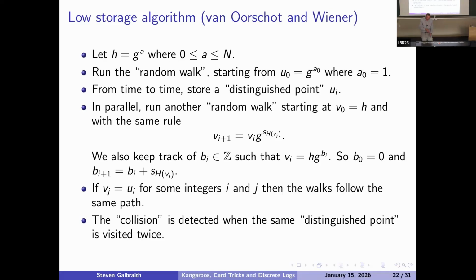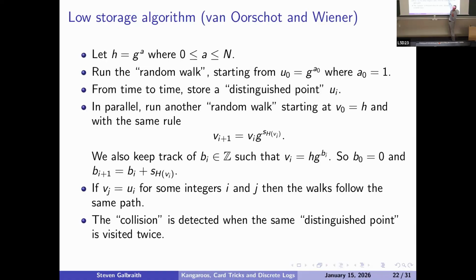I don't know what A is, but I start adding kangaroos, and I start running the walk down. So I'm going to do some walk from this card that's going along, and I keep track of the things I'm adding. So I don't know the discrete log of this. This is g to the power unknown. But when I do the walk, I'm always adding on g to the power of known things, and I'm going to keep track of them with the B_i. So in this case, the wild kangaroo W_i is h times g to the B_i, right?